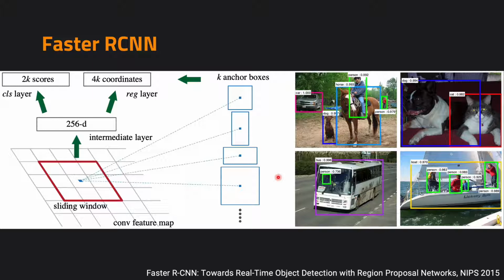To represent those proposals, we use ROI pooling. Basically, based on the bounding box proposed by each anchor, we resample the features from the convolutional feature map to form the representation for that proposal.